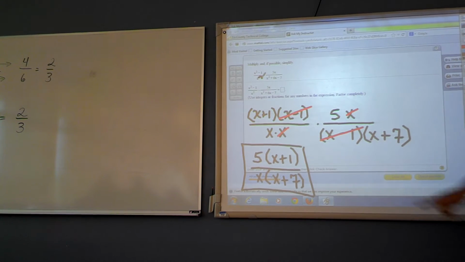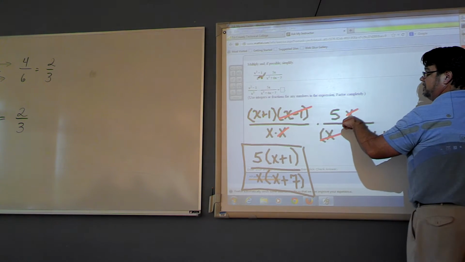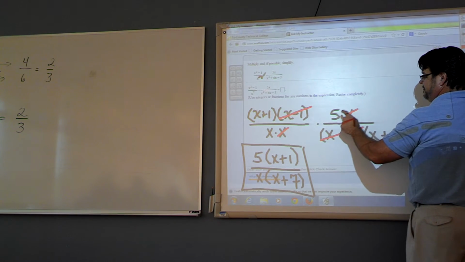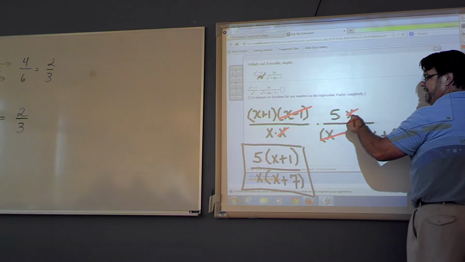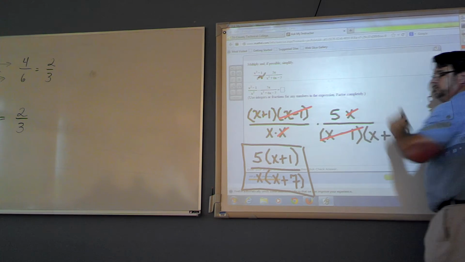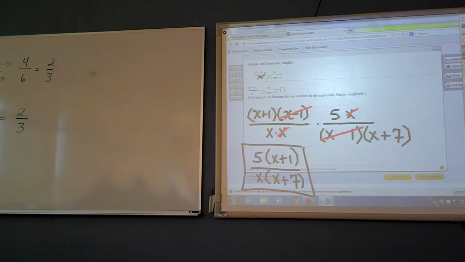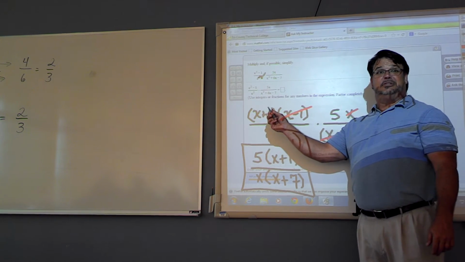There's 2 x's here. X times x is x squared, and then there's 5x here. That's 5 times x. That's not x times x times x. That's 5 times 1x. This is x times x. So it's only one of these that cancels. And why doesn't this x cancel with this right here?